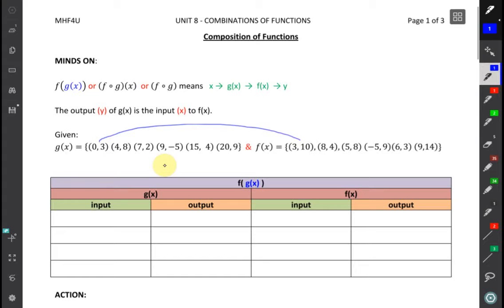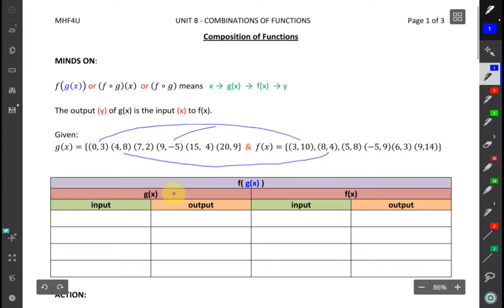So if I were to continue with this, 8 connects with this 8 input here. Looking at this 7 and this 2, there are no 2 inputs or 2 x values here. So this does not connect with the other function. There is a -5.